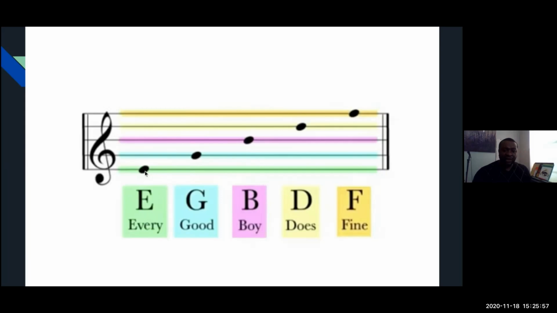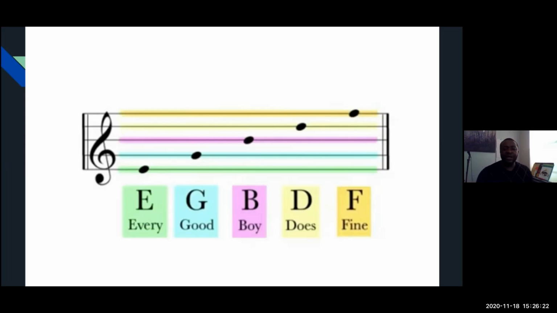Now, that's going to be your lines. So your first line is E. Your second line is G, because once again, your treble clef lets you know. Your third line is B. Your fourth line is D. And your fifth line is F.